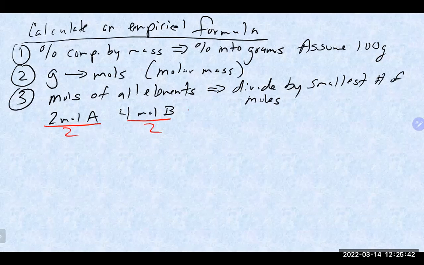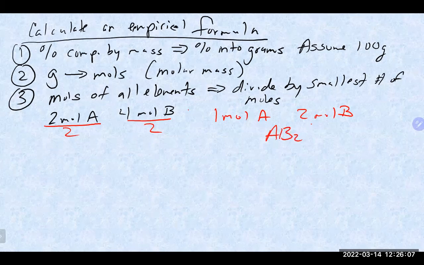When I divide everybody by 2 in this case, that gives me 1 mole for A, and 2 moles for B. And if you divide by the smallest number of moles and you get all whole numbers like I just did there, that would technically be your empirical formula. So my empirical formula in my example here would be AB2. Any questions on that there?